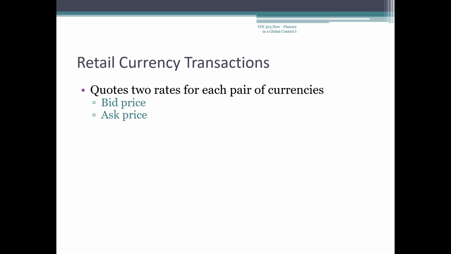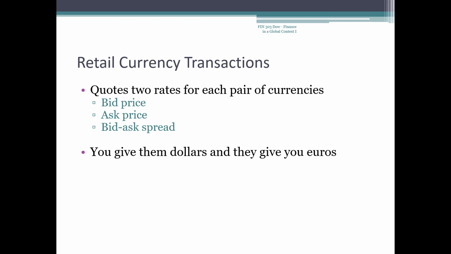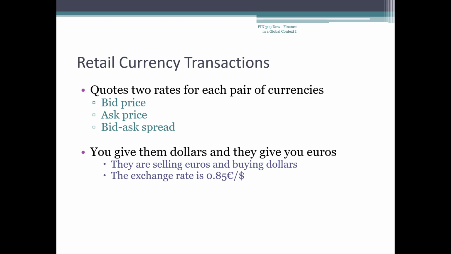Let's walk through a transaction between you and a currency exchange using dollars and euros. If you give them dollars, they will give you euros. From their point of view, they are selling you euros and buying dollars, so they will quote a price for euros. In our example, the exchange rate, or dollar price of euros, is 0.85 euros per dollar.